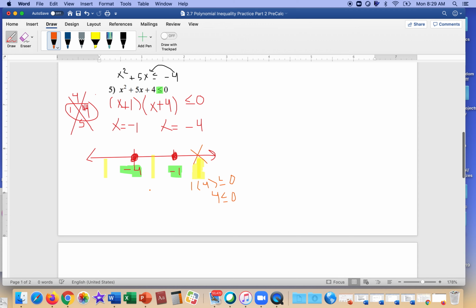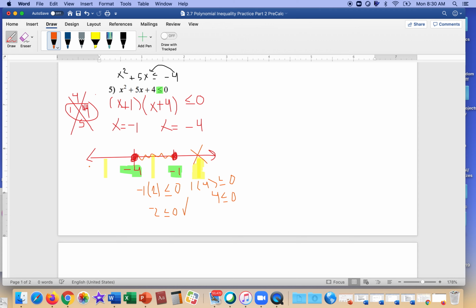If I test a point in between, I can do -2. So -2 plus 1 is -1. -2 plus 4 is 2. So when we simplify on the left, we would get -2. And is -2 less than or equal to 0? Yes, it is. So we shade in that region.